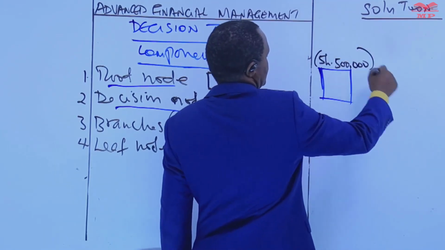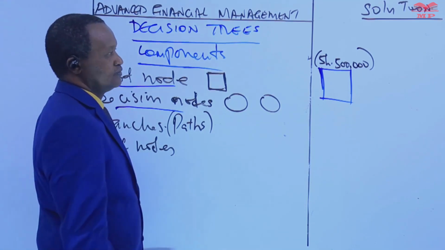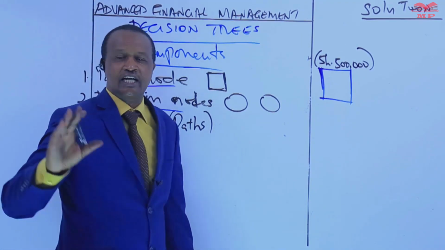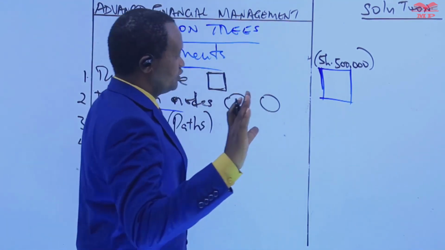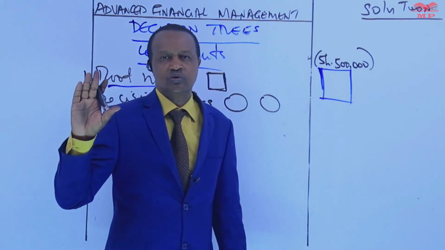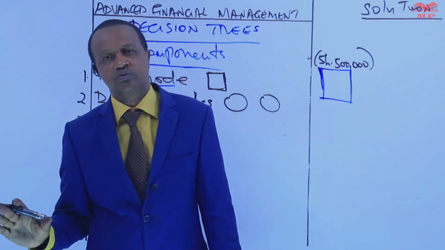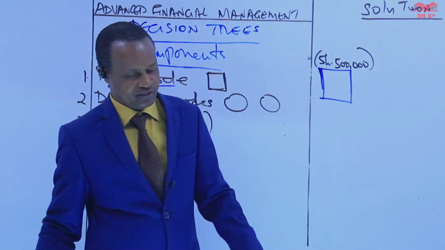That is a cash out. If you are to invest, this is the money you will have to flow out. It's a cash outflow. 500,000.